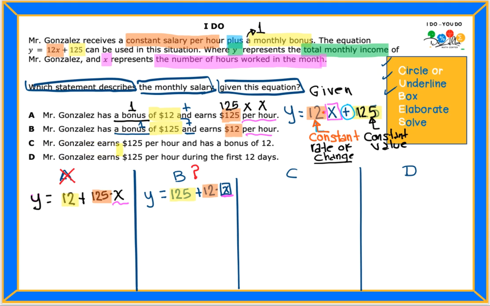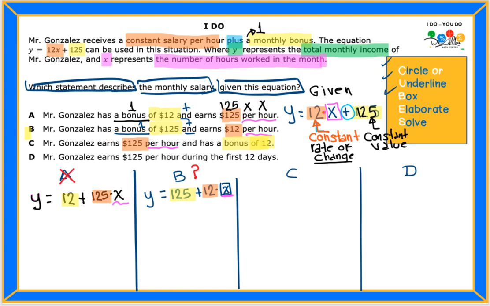Mr. Gonzalez earns 125 per hour. So what does that tell you? This is gonna be multiplied depending on how many hours he works. So the rate of change, we put it in orange, and per hour goes in pink. And then here they say, and has a bonus. So that's gonna happen just once. The bonus is $12.